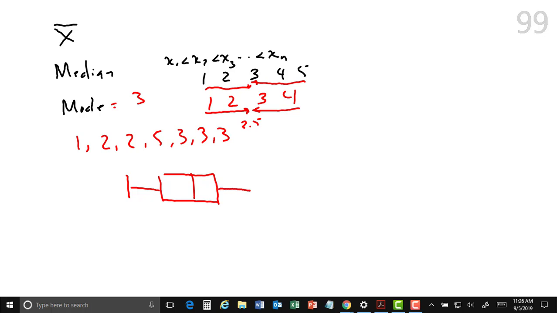And this is going to be the other whisker. So what happens is you have like an X bar here. The difference could be some sort of deviation. And this is your X minimum, and this is your outlying X max. So it gives you a feel of these outliers if they're in there. It's called a box plot.